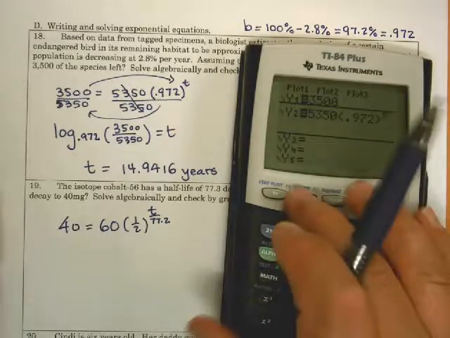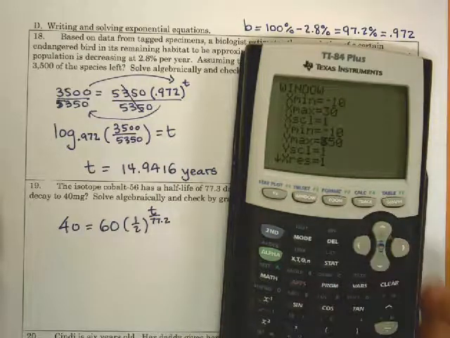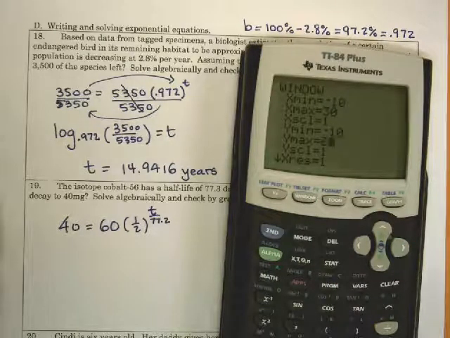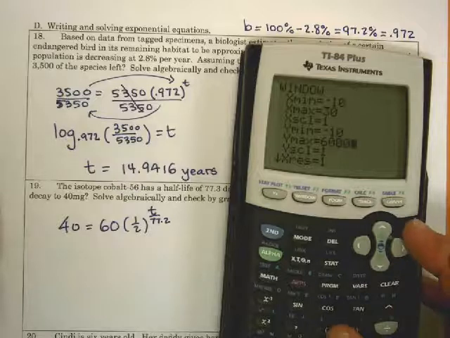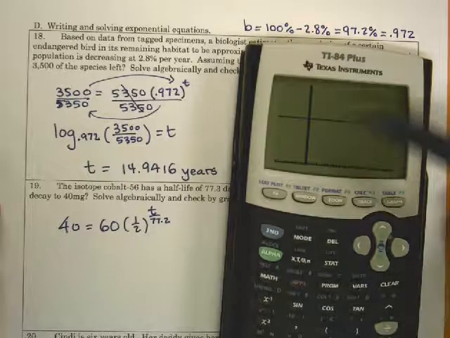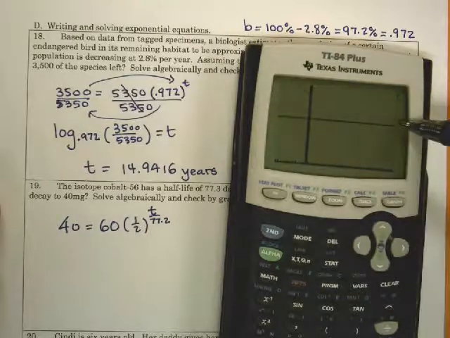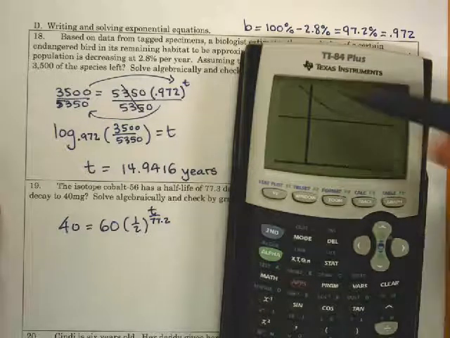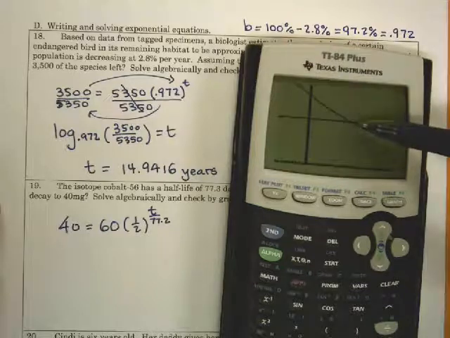So I need to take this window and make this around 6,000, and let's see what 30 years of this will do. So there's the line that tells me it's much more critical. And here's these birds, fewer and fewer of them, and I want to find that intersection.